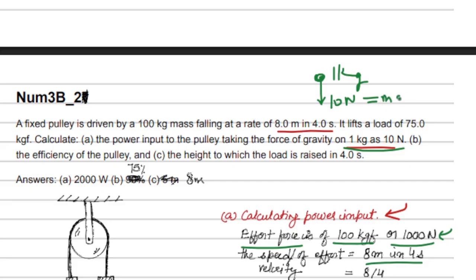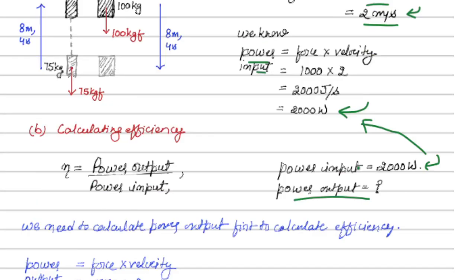So if they're saying that the force of gravity on 1 kg is 10 Newton, it means that m is 1. So what is g? g is 10. So this is an indirect way of giving us a hint that we have to take g as 10, right? Let's go ahead.